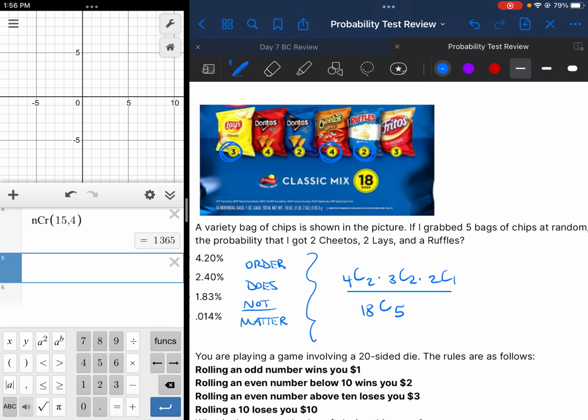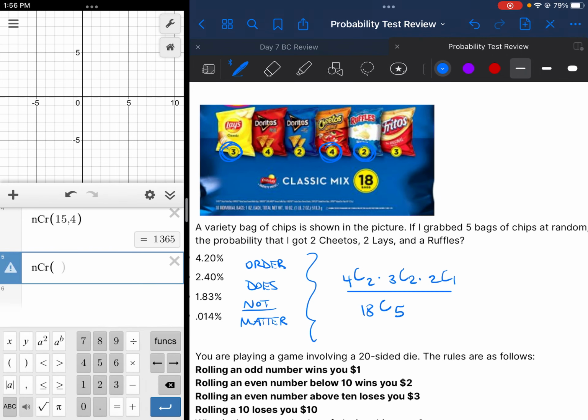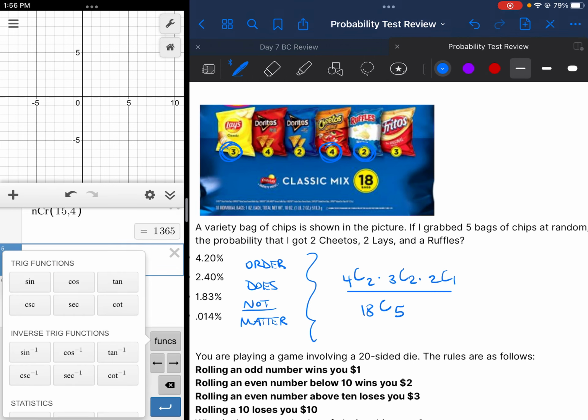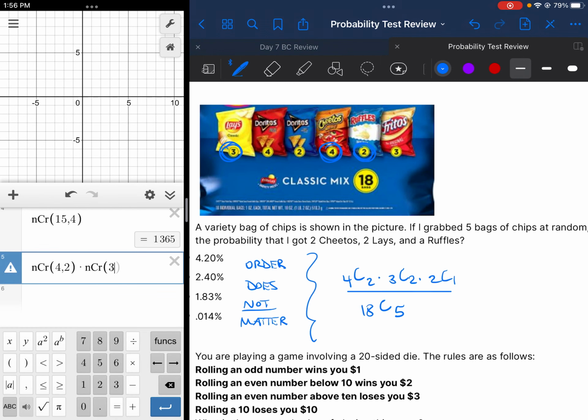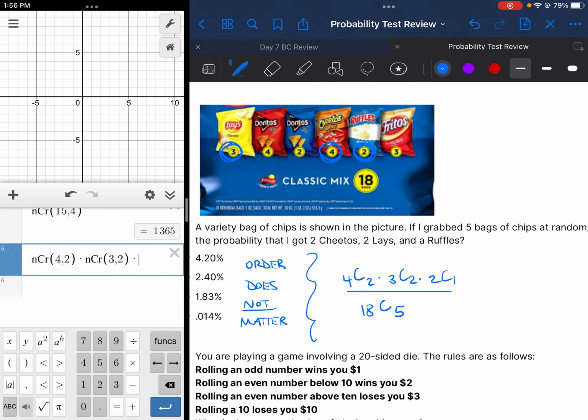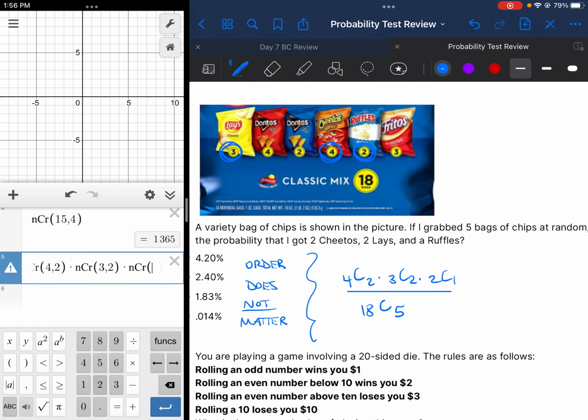So let's enter the numerator separately. 4C2, nCr 4, 2, times nCr again 3C2, 3, 2, times again nCr 2C1, 2, 1.